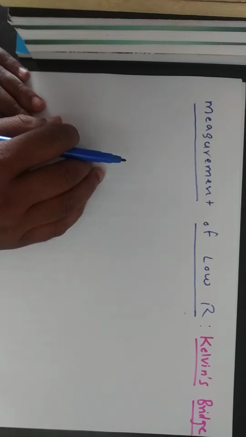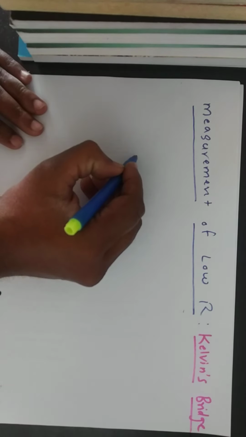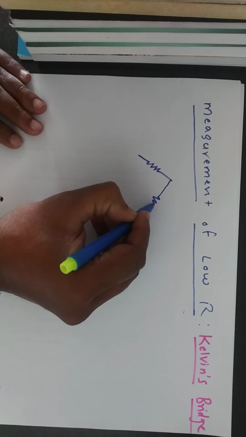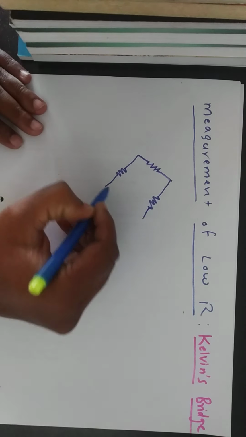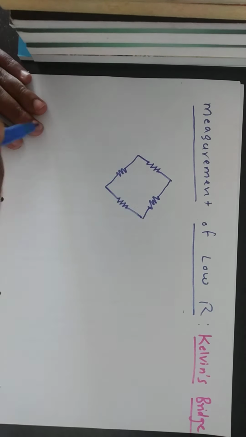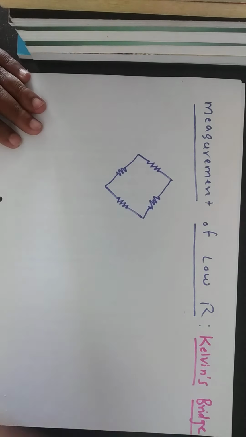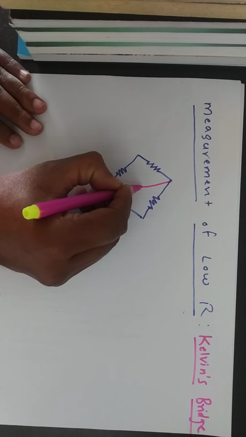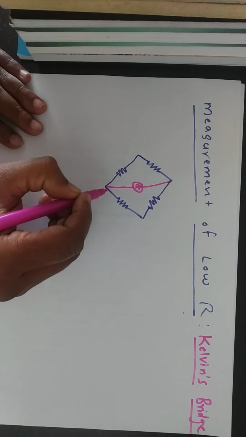So this is a modified Wheatstone bridge, wherein you can have four arms: this is one arm, this is another arm, this is another arm, and this is another arm. And we can connect the galvanometer like this here. This is our galvanometer.